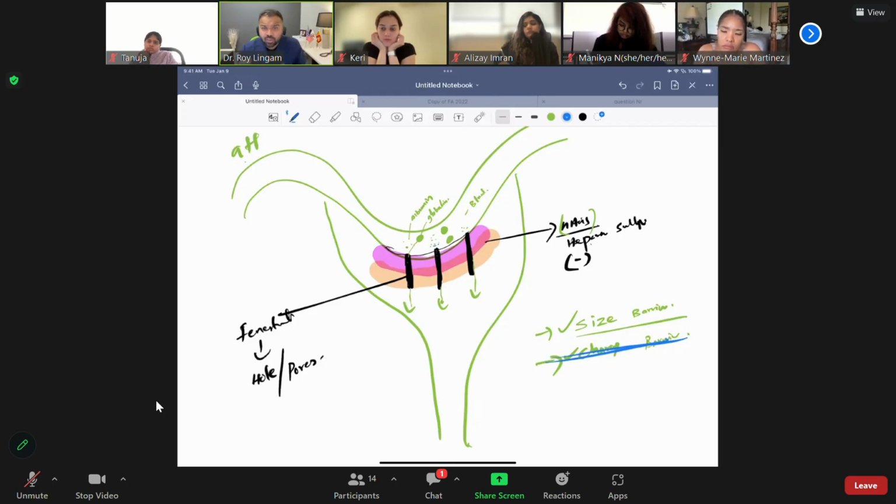If I say I have globulin, then you could say, oh, they lost the size too, right? So who can type the name of the disease? They only lose the charge and they have selective albuminuria. So that particular disease is selective albuminuria, where they lose just the charge, nothing else.